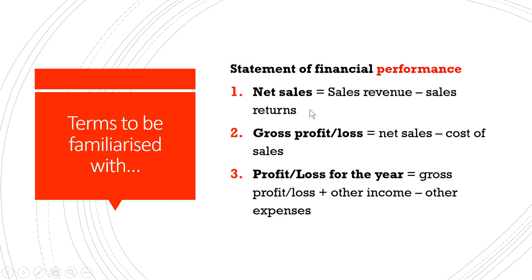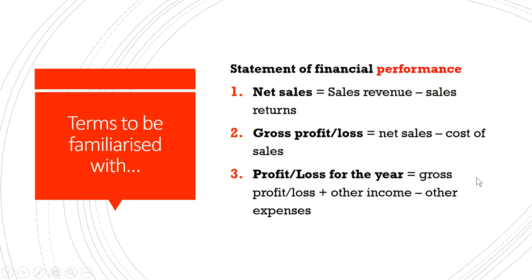That is net sales. Number 2, the gross profit or loss for the entire year earned from buying and selling goods. It is equal to the net sales, which is calculated in item 1, subtract the cost of sales. Number 3, the profit and loss for the entire year.